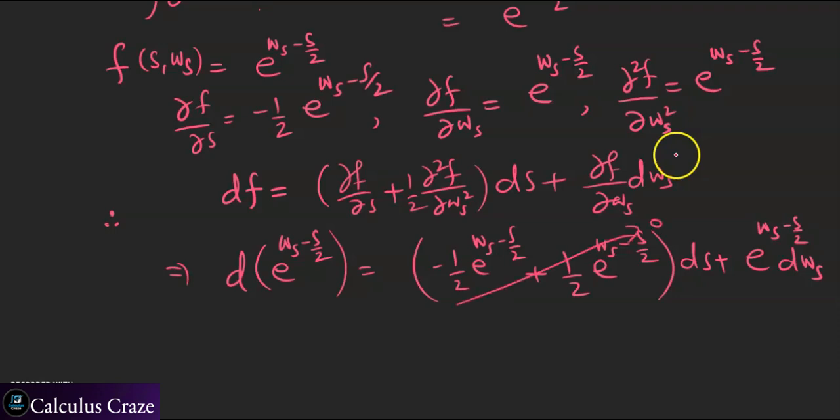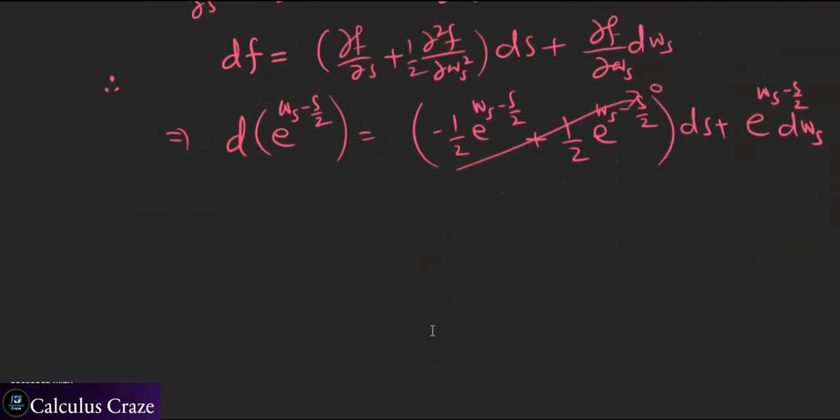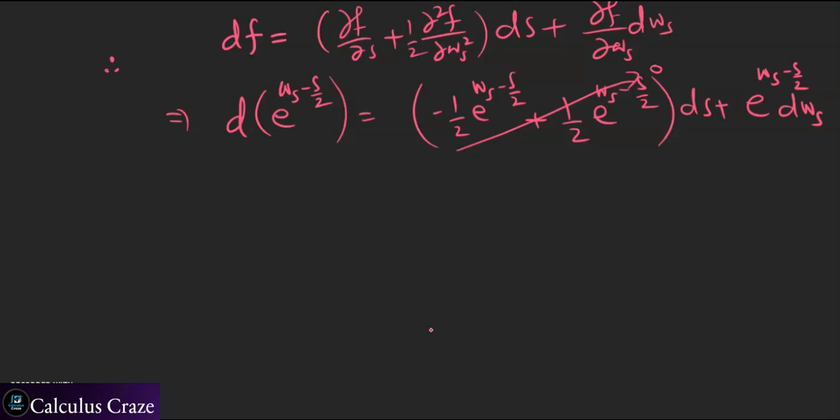So the ds term is 0 because minus half and plus half cancel out. We are left with the differential of e to the w sub s minus s by 2 equal to e to the w sub s minus s by 2 dw.